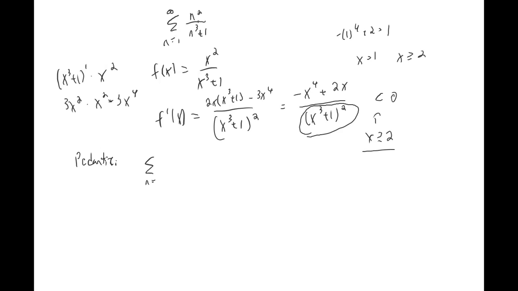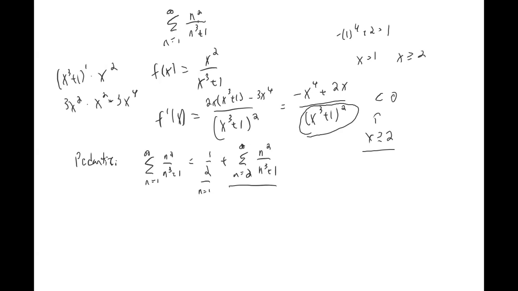So what you do is, if I plug in 1, I get a half plus the sum from n equals 2 to infinity of n squared over n cubed plus 1. This is the term n equals 1, by the way. You can split it up and then apply the test here. That's what I'm saying by it decreases after some point, because you can always do this.